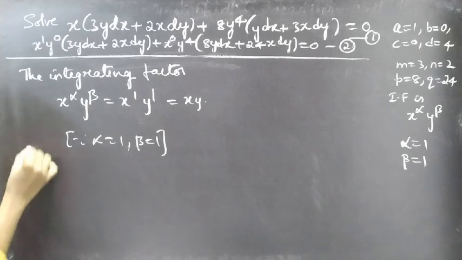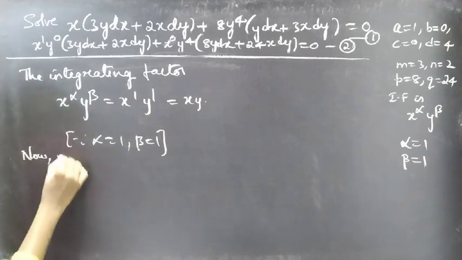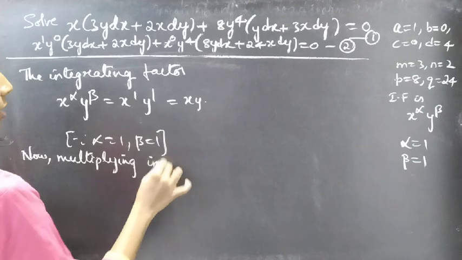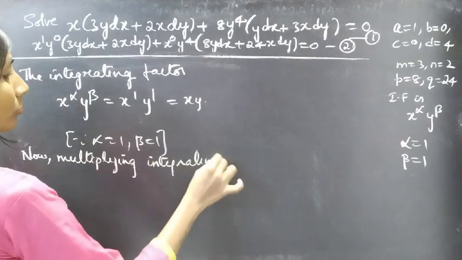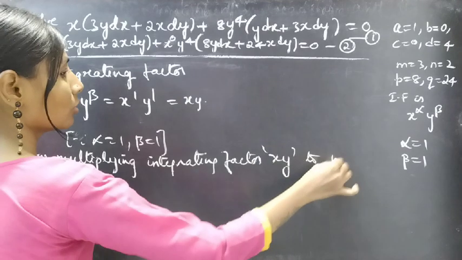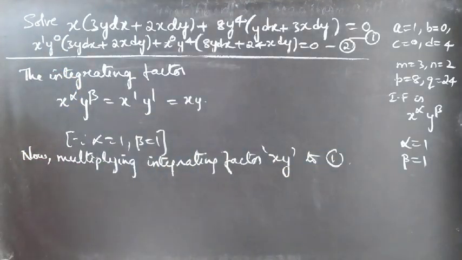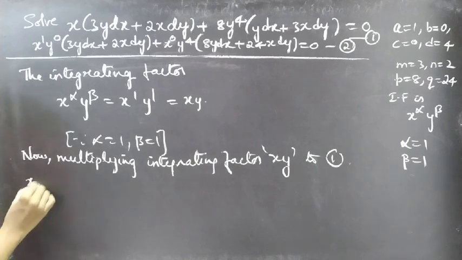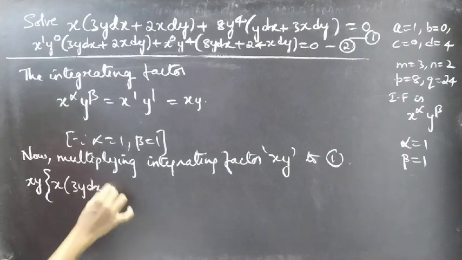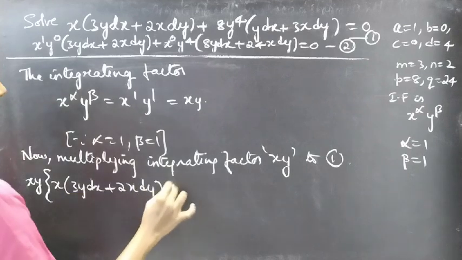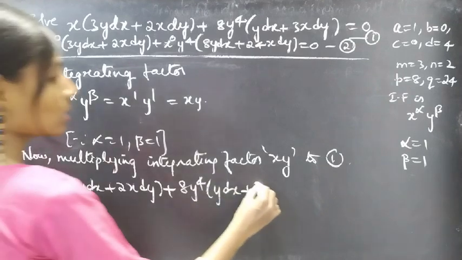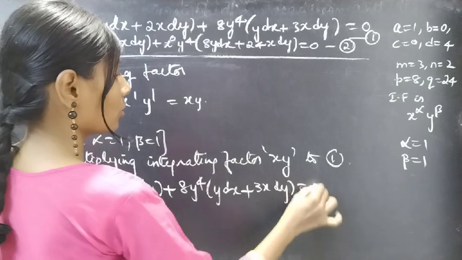Fine. Now multiplying the integrating factor xy to the given differential equation, equation 1, we'll get xy into the first equation, x times 3y dx plus 2x dy, plus 8y power 4 into y dx plus 3x dy equal to 0.